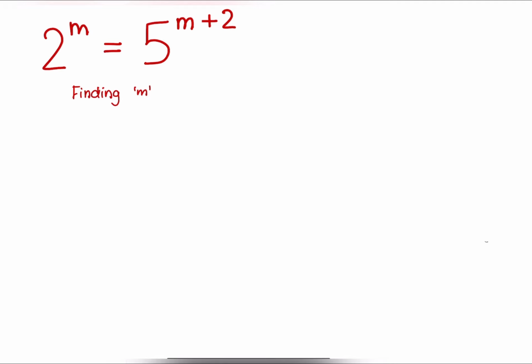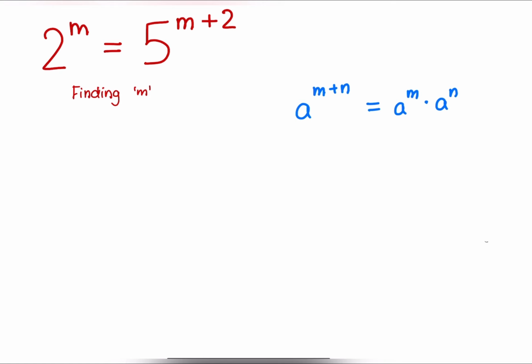Over here, we have 2 to the power m is equal to 5 to the power m plus 2. So if you're familiar with exponents, then you probably know the rule where a to the power m plus n is the same thing as a to the power m times a to the power n.